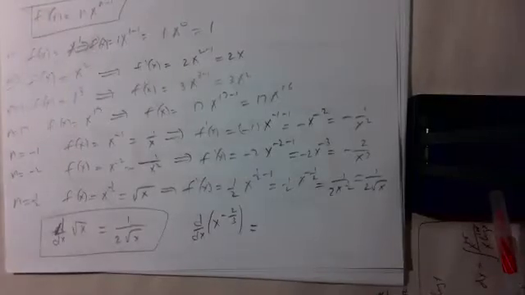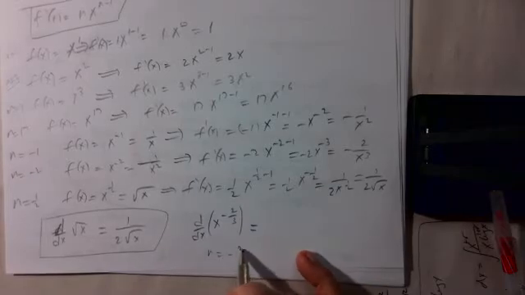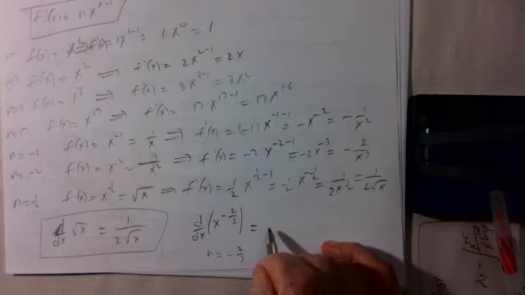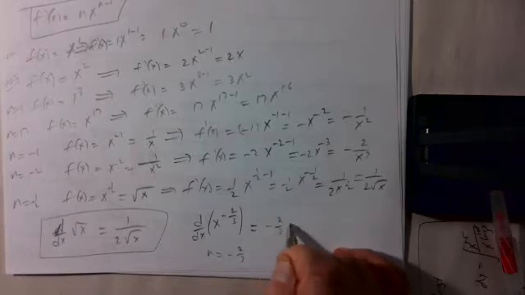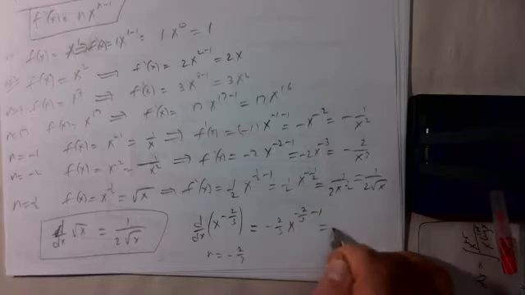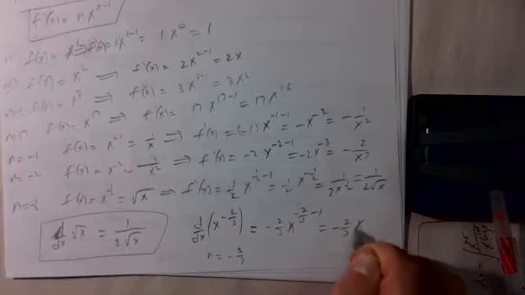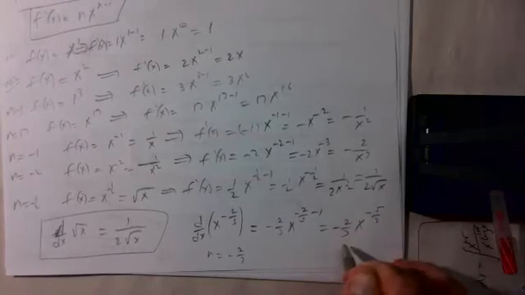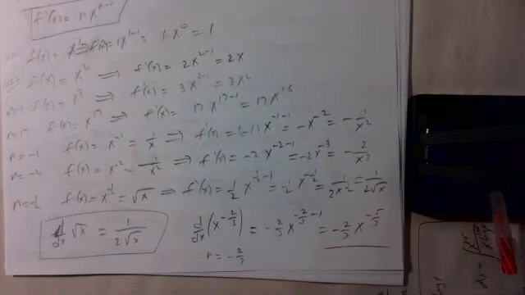Can someone give me the answer? So in this case, n is minus 2/3. It's minus 2/3 x to the minus 2/3 minus 1, which is minus 2/3 x to the minus 5/3. That's all you have to do.